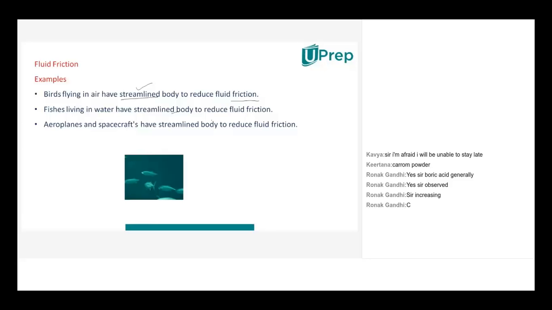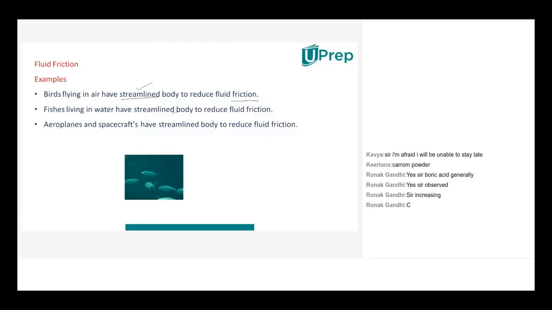Streamlining will reduce the friction generally, but what do you mean by streamlined? It is narrow at the ends and broad in the middle. That means giving a particular shape. Yes, sir. Giving a particular shape in such a way that the friction can be reduced. That is called streamlining.